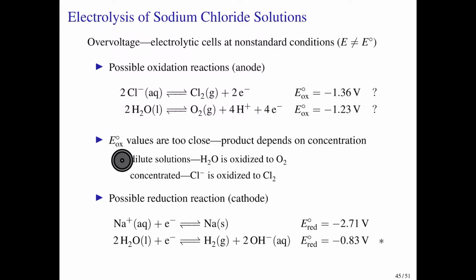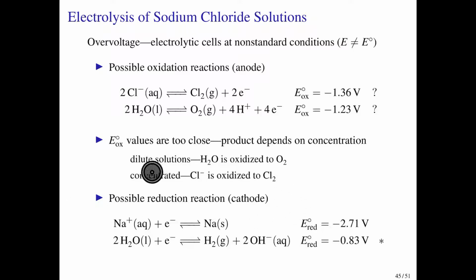So if you've got a dilute solution, meaning that you don't have very much chloride present in the solution, then the water oxidation is going to be preferred. However, if you have a very concentrated solution that has a lot of chloride present, then you are going to get a significant amount of chloride being oxidized as well. So this is called overvoltage.